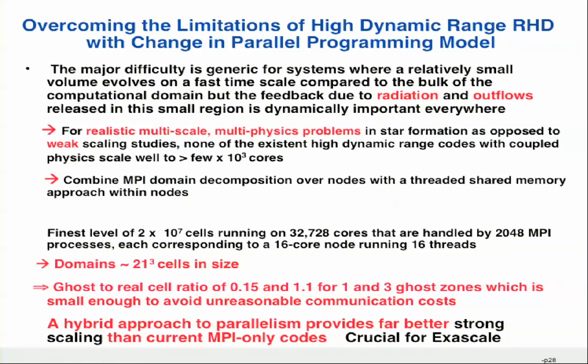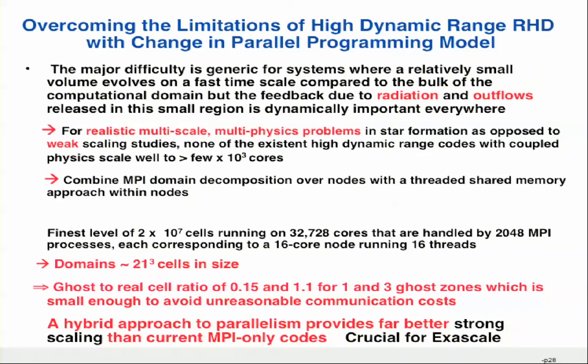So you have to combine MPI domain decomposition over the nodes, at least with a threaded shared memory approach within nodes. If you do that, then rerunning those numbers, 20 million cells running on 32,000 cores, handled by, of order 2,000 MPI processes, each corresponding to a 16-core node running 16 threads, you now get domains that are considerably larger in size naturally.